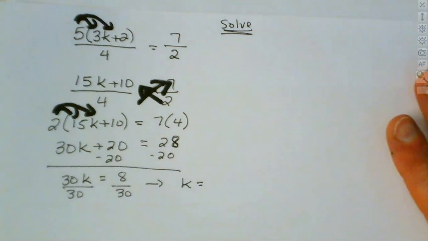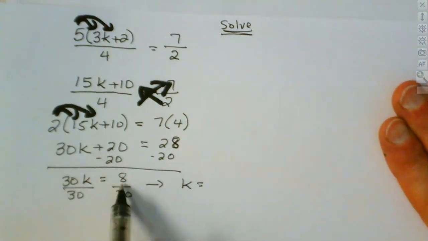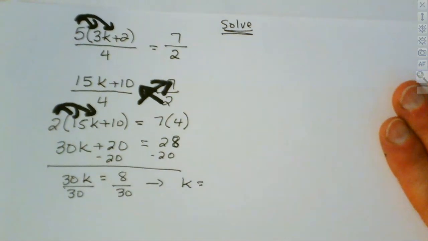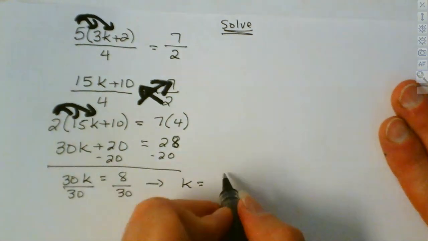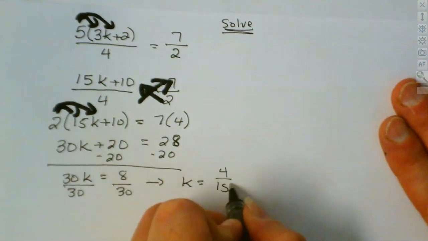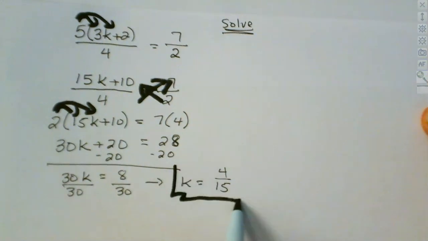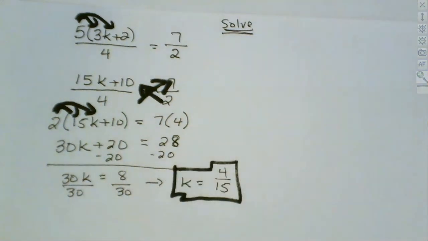And what does that leave you with k equaling now? These are even numbers, so 2 is going to go into both. So 8 divided by 2 is a 4, and 30 divided by 2 is a 15. So there is my final answer there.